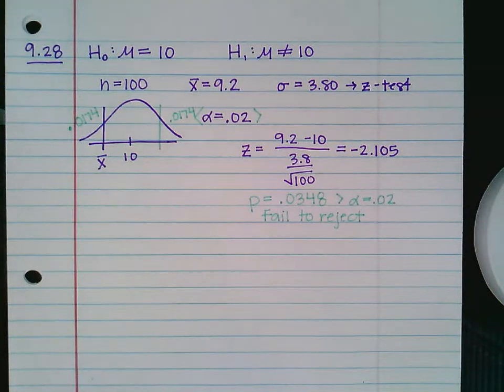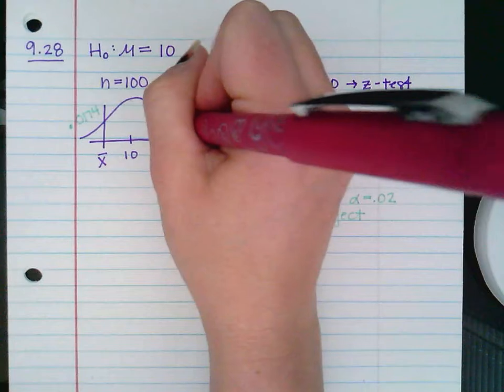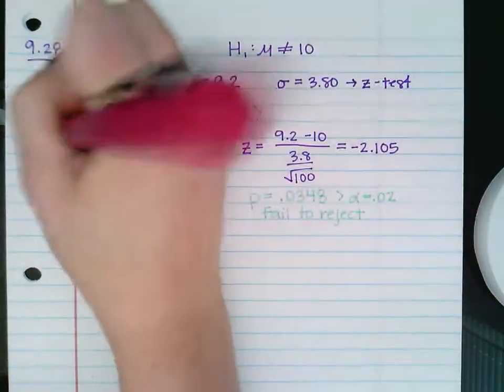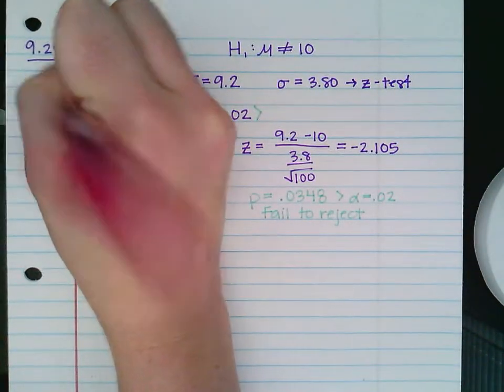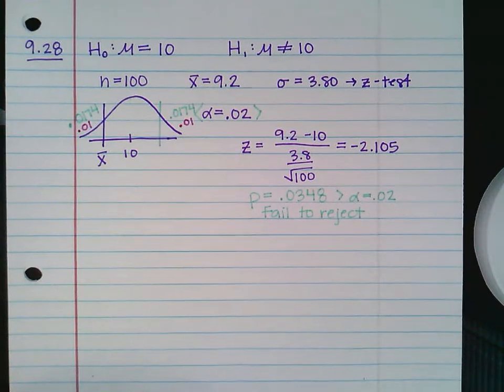The other way that you could look at this is the critical value method. Now again, since we're looking at the z distribution and I'm looking at a two-tailed test, I can look on my t-table all the way at the bottom, and my critical value would be 0.01 on each side. If I take that alpha and I split it, I'd have 0.01.